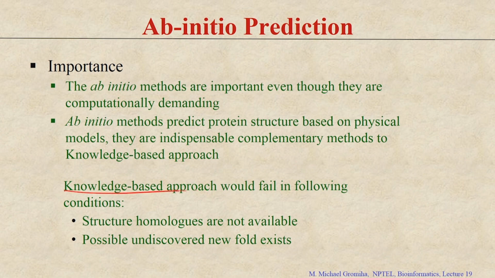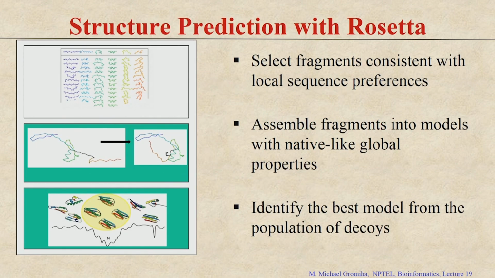The knowledge based approach may fail because homologous structures are not available, or if there are new folds, because they look for similar folds to do this knowledge based approach. So, Rosetta is one of the widely used methods for ab initio modeling, right. They start from the beginning, and currently they have implemented homology modeling along with ab initio.